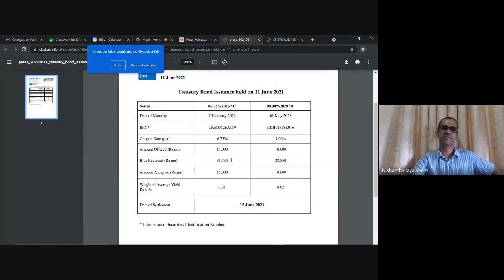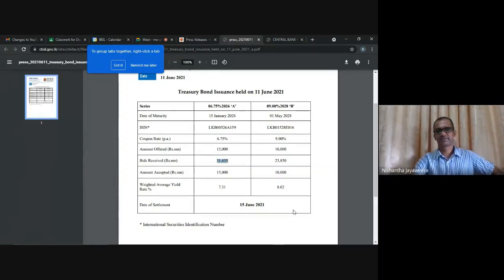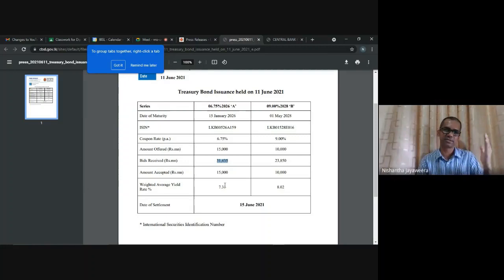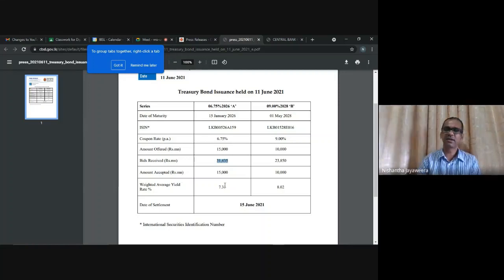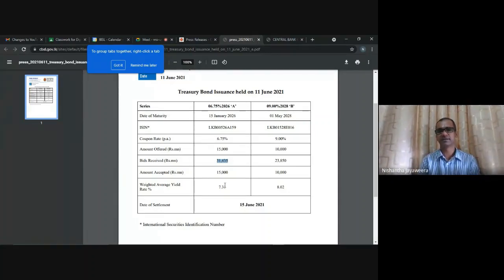We see there's a demand, but maybe at a higher rate. Can they offer higher rates? Because the lowest rates are accepted first, whatever remains is above that. This is the weighted average. So the highest rate accepted may be 7.35 or 7.4, something like that. Then all other bids are at a rate higher than that. Did you get what I'm trying to say?